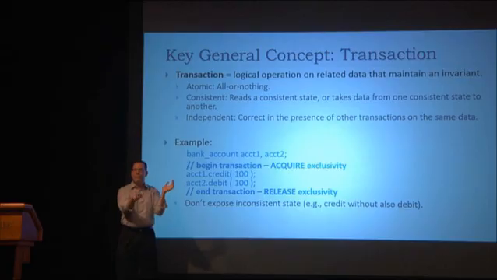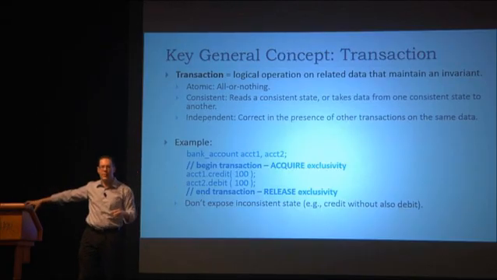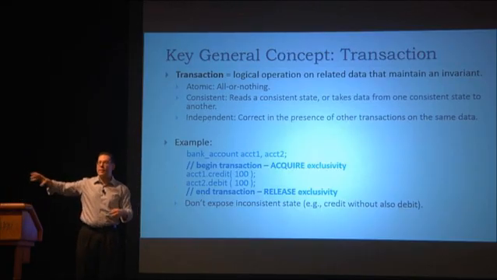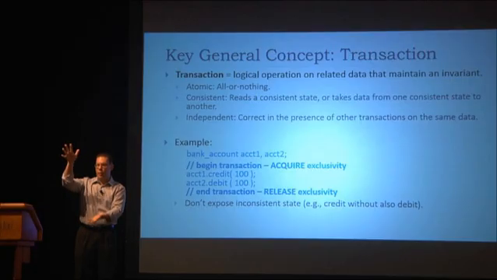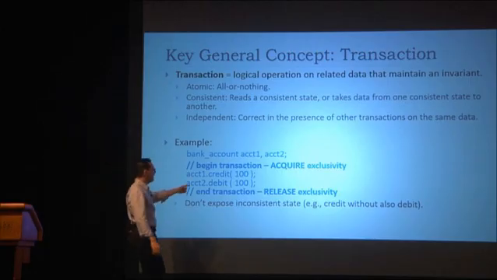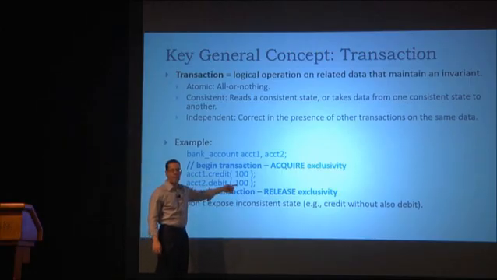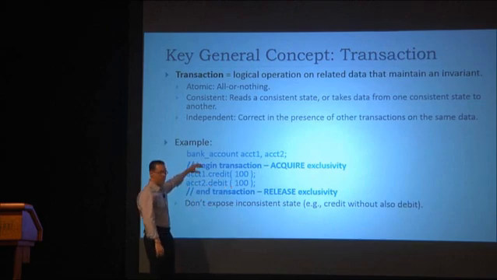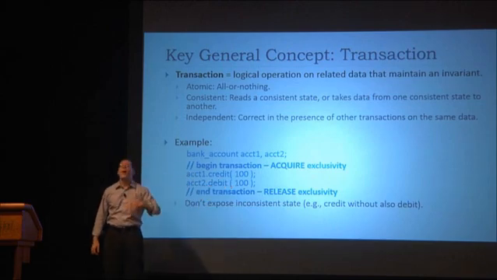Somehow, I want to wrap that in a transaction so some other part of the system does not see the total of money in the system be an invalid value, where temporarily I see $100 extra in the system that then ephemerally disappears. So I want this to be a transaction somehow.